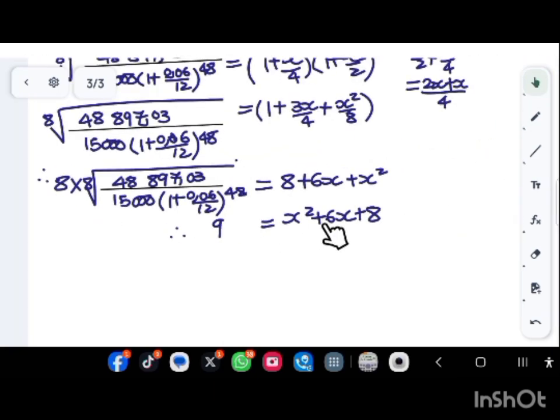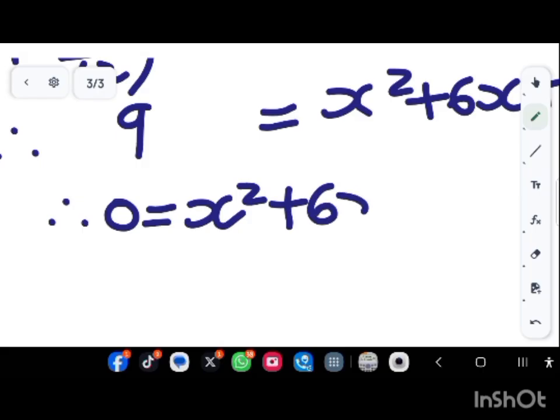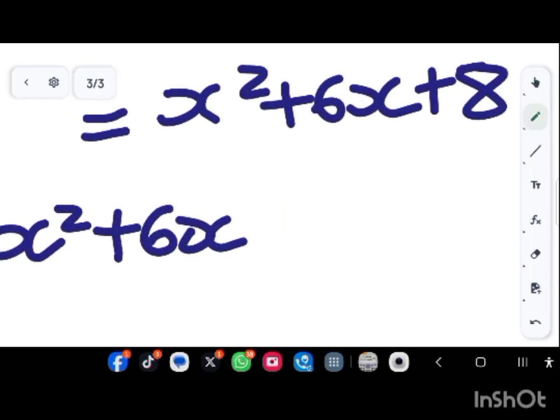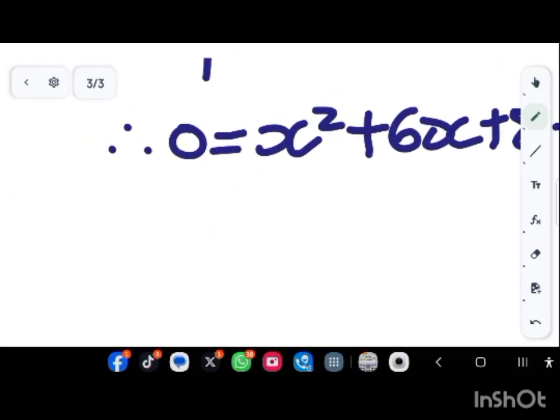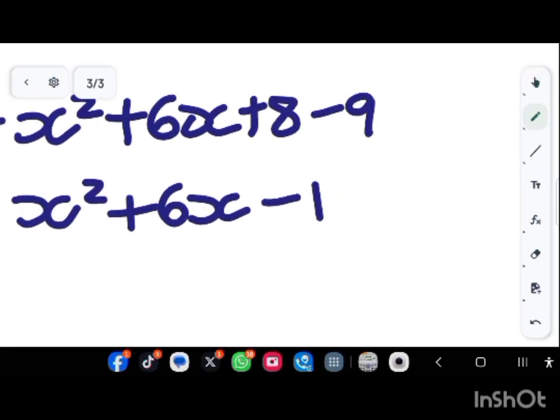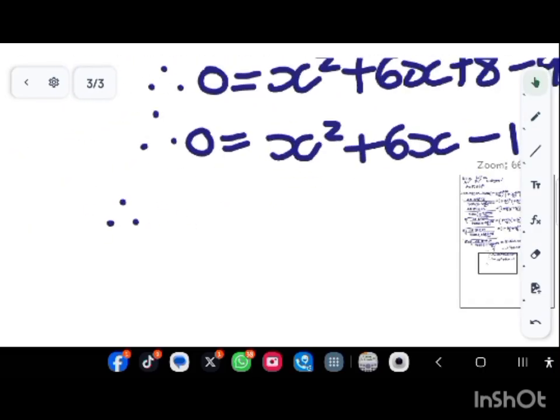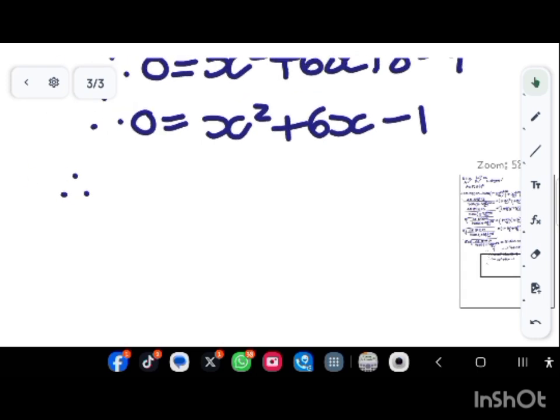So you take this quadratic equation and then sort it out. So you take the 9 to the right hand side, that becomes x squared plus 6x plus 8 minus 9. That is x squared plus 6x minus 1. Now let's use the formula.